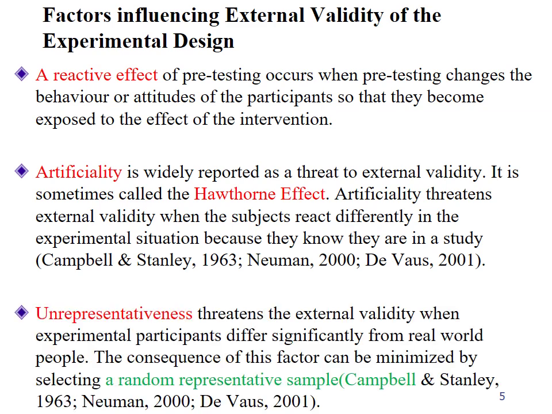Another factor is the representativeness of the sample. If the sample is not representing the whole population, and we studied this in the unit about sampling and sampling procedures, one of the qualities of a sample is that it represents the whole population.